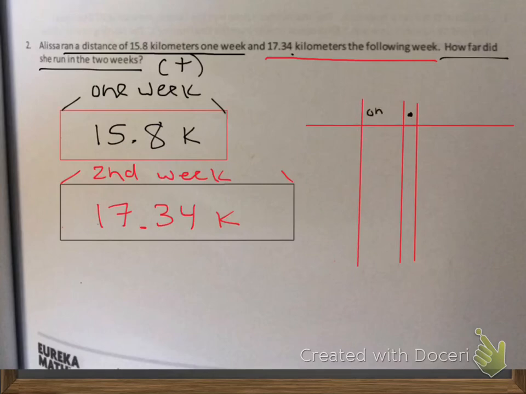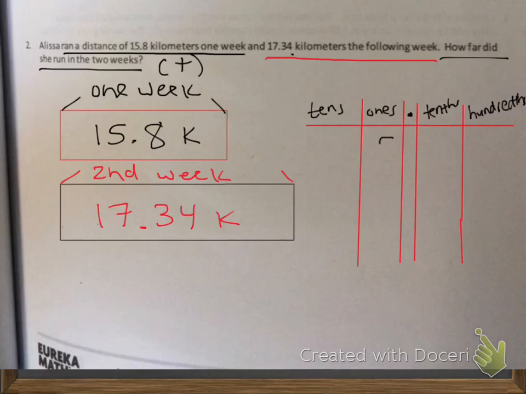Because this is the ones. These are our whole numbers, and these are our tens. And then here is our tenths and our hundredths. So tenths and then hundredths. Okay, hundredths.